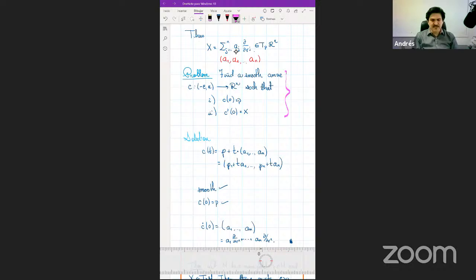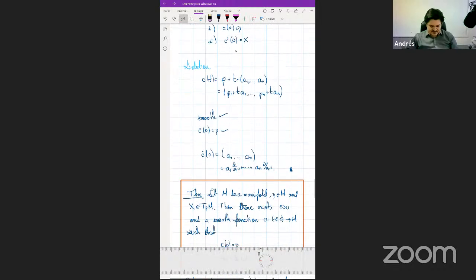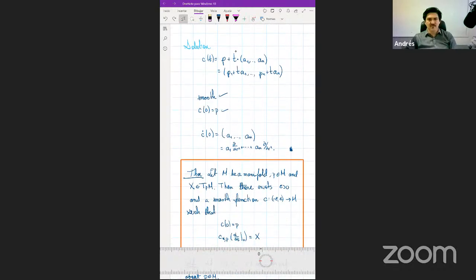So this is what you have solved. Given any tangent vector, you can find a curve such that the derivative at that point is that vector. So this is in Rn, and you can solve this also on a manifold, because this is local. So you just have to do it on a chart. Okay? So the above example holds also on an arbitrary manifold.